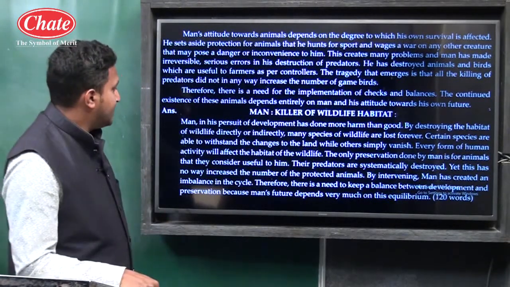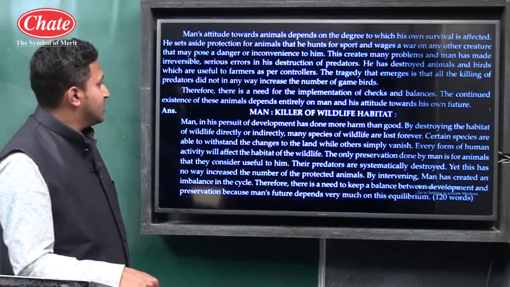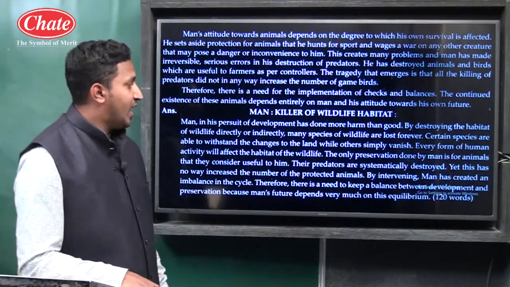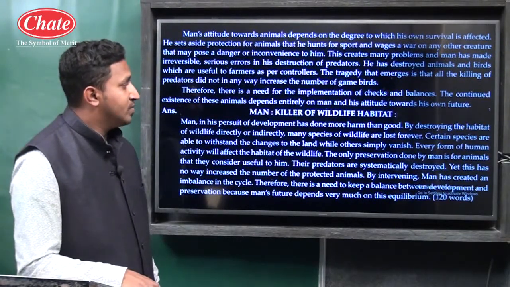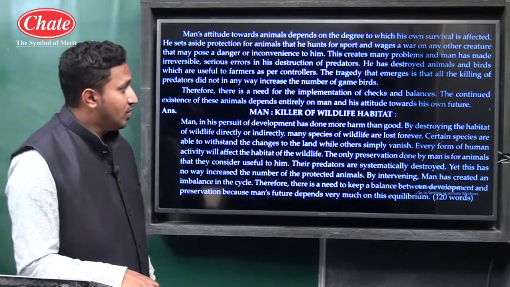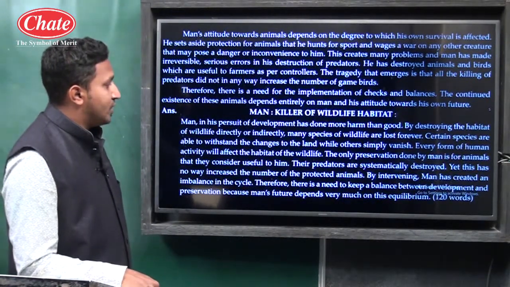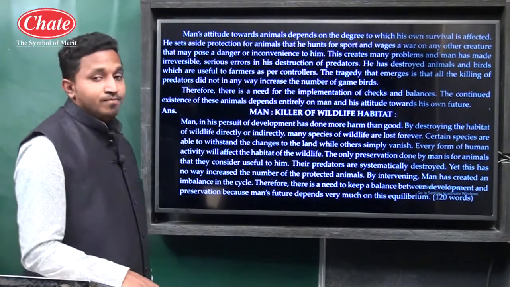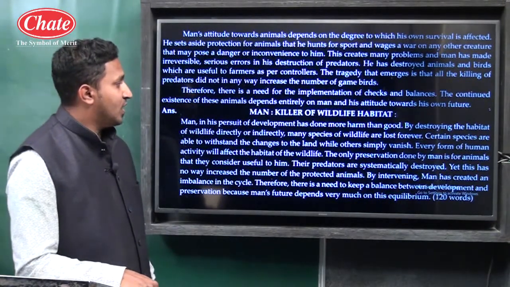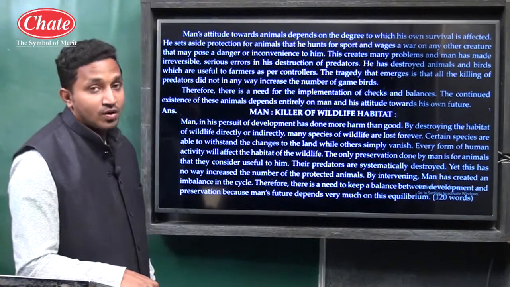So here the passage: man in his pursuit of development has done more harm than good. By destroying the habitat of wildlife directly or indirectly, many species of wildlife are lost forever.